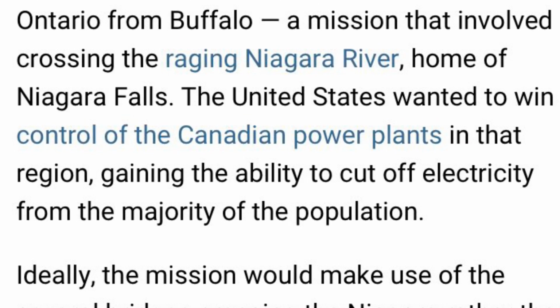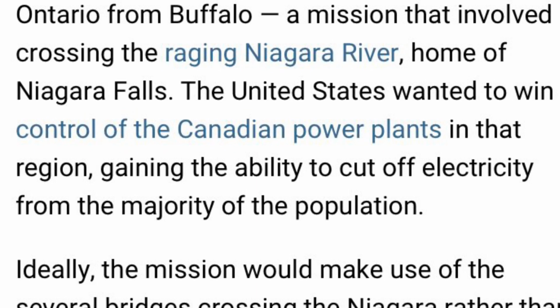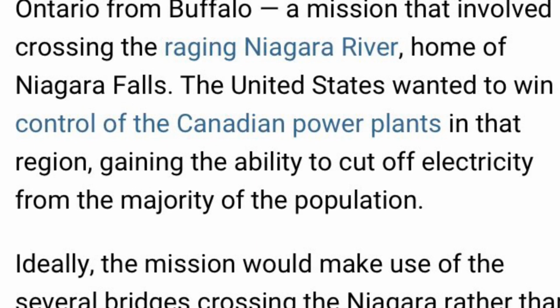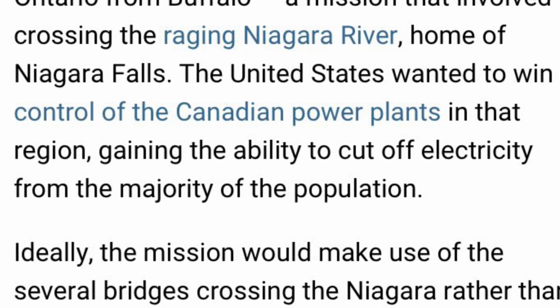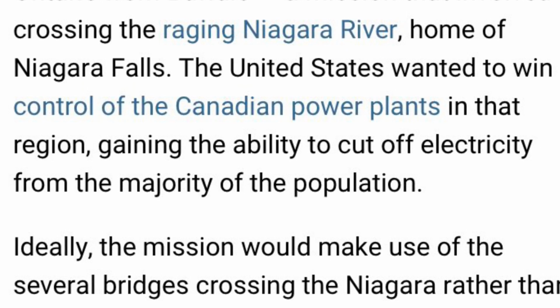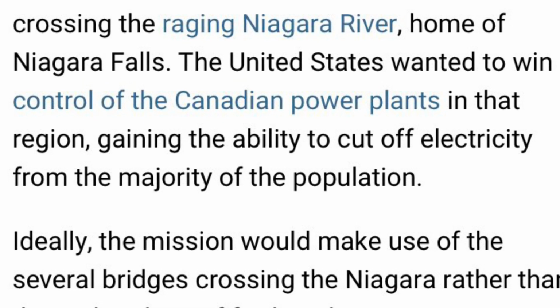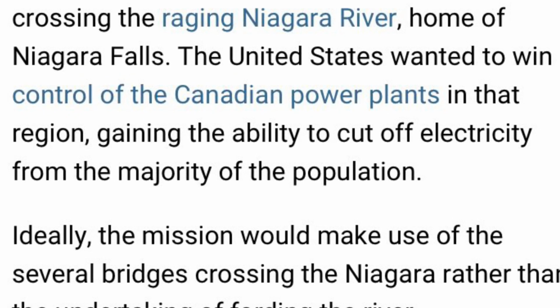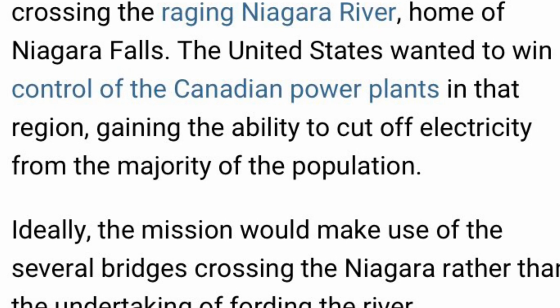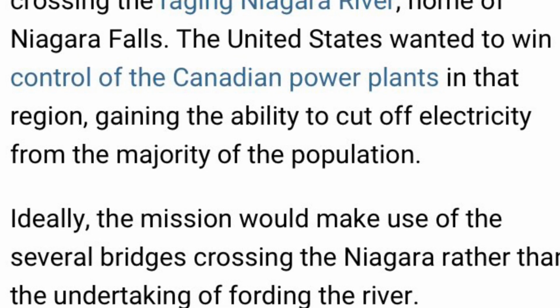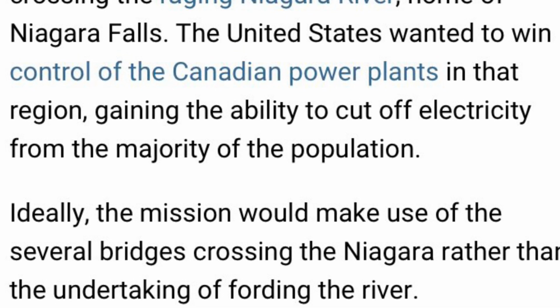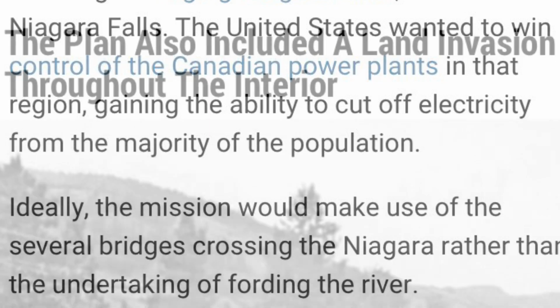The United States wanted to win control of the Canadian power plants in that region, gaining the ability to cut off electricity from the majority of the population. Ideally, the mission would make use of the several bridges crossing the Niagara rather than the undertaking of fording the river. The plan also included a land invasion throughout the interior.